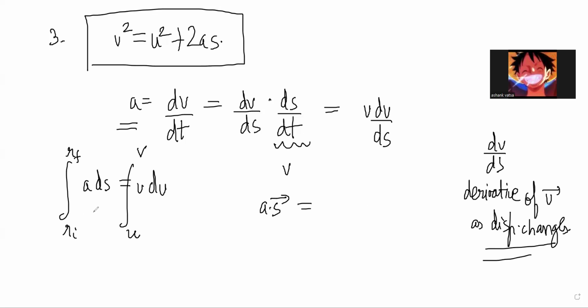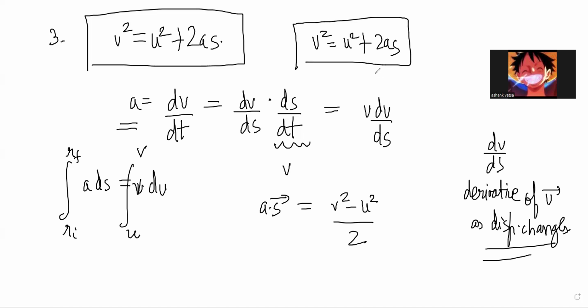Yes, sir. On the right hand side, you have v dv integral, that is v square by 2. So you get v square minus u square by 2. And now you can write v square is equal to u square plus 2as. Do you understand how all of it has been derived?